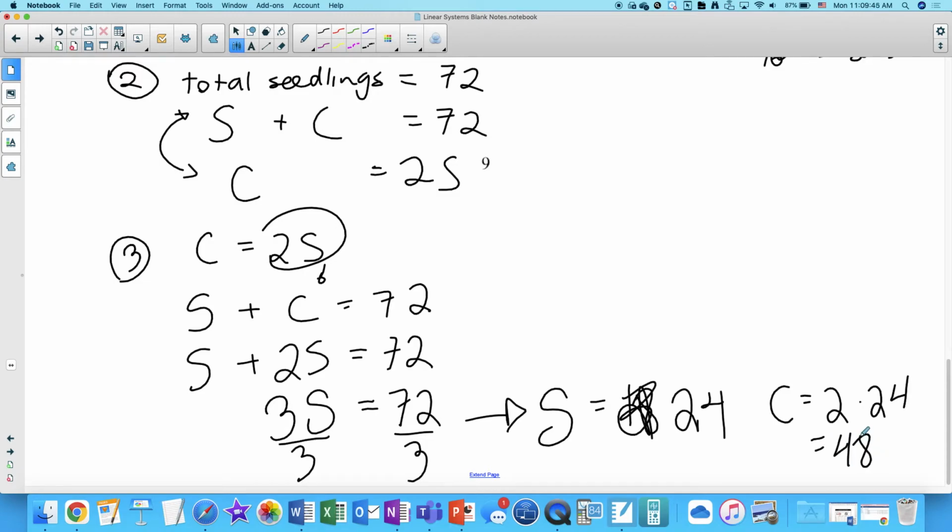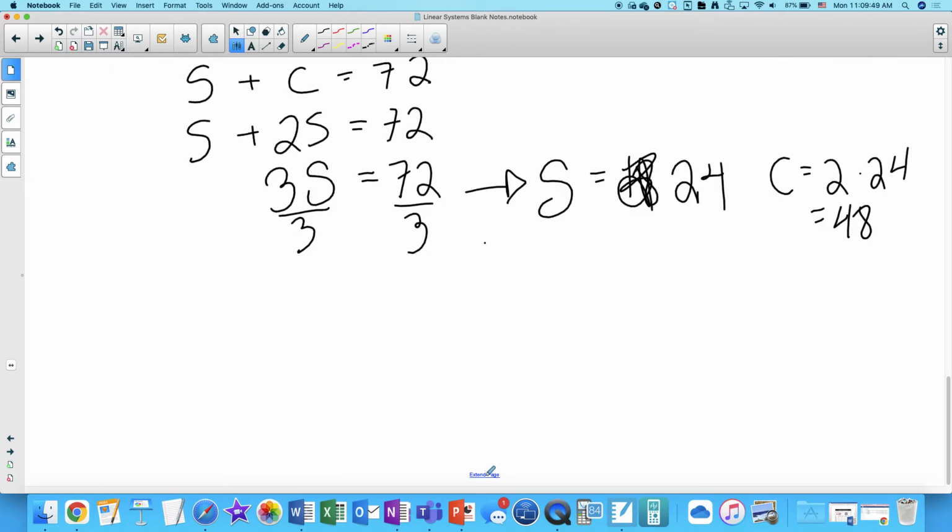Okay, so there's 24 spruce seedlings and 48 cedar seedlings.